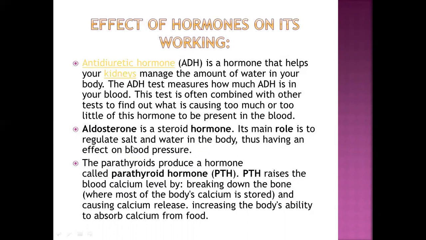After that, parathyroid hormone, which helps in the detection or balancing of calcium level. Calcium level in blood is very important, and it raises the level of calcium in blood by breaking down the bone so that calcium is released, increasing the body's ability to absorb calcium from food.